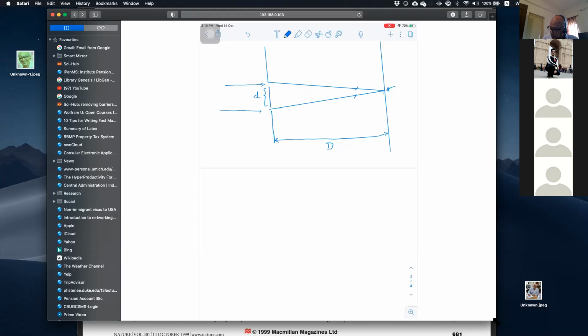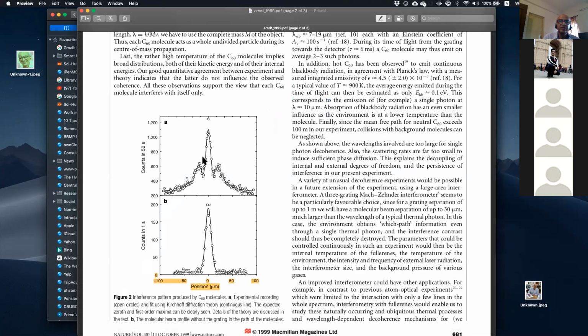And if they are the same, the waves arriving there will be in phase, and therefore they will exhibit constructive interference, right? And that is what is happening for this peak. Agreed?